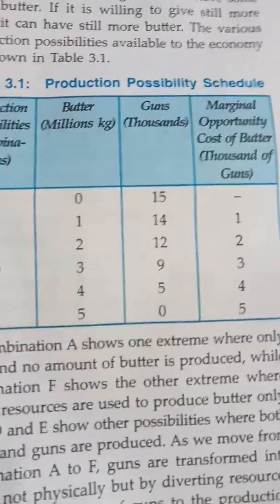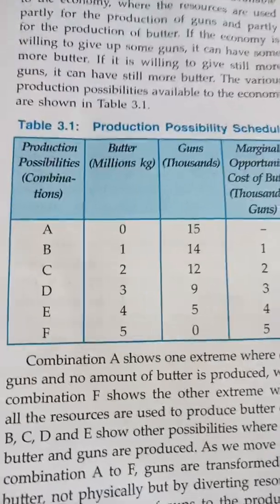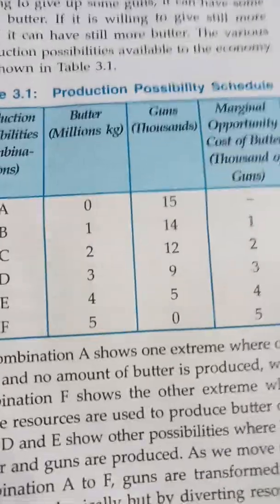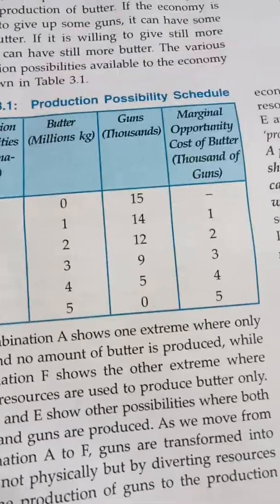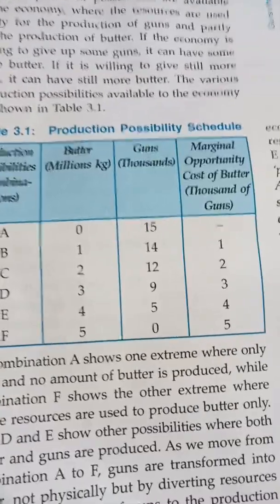Now in the next time period, the resources of the country, the techniques of production, the technology remain the same. The country uses the same resources for the production of these two goods, butter and guns.